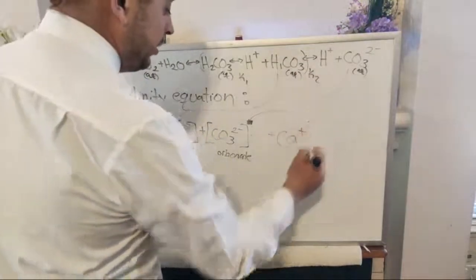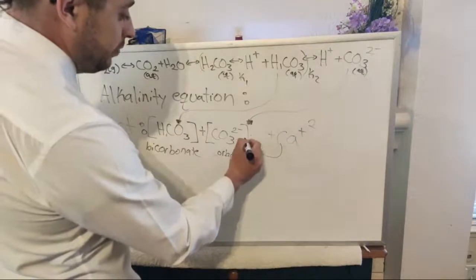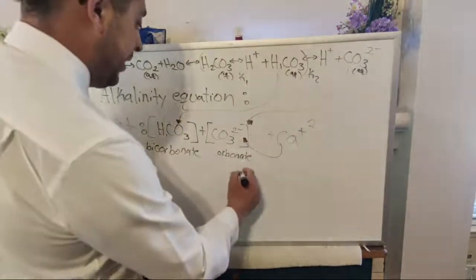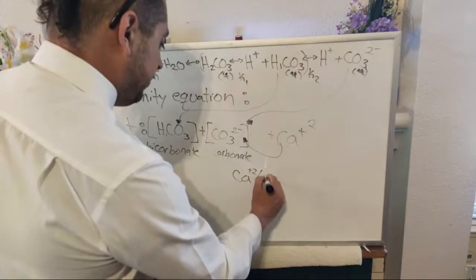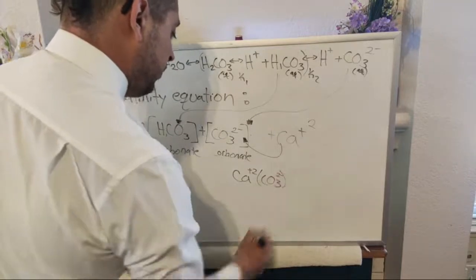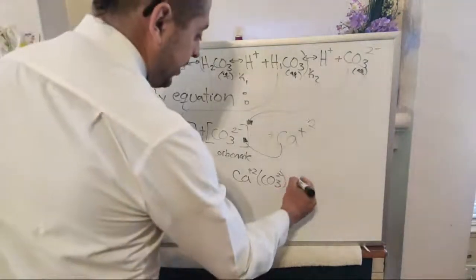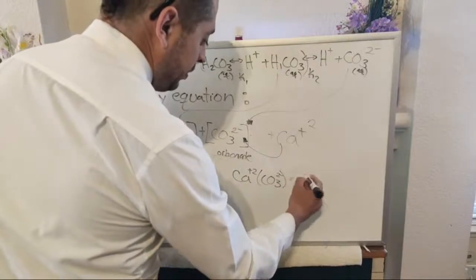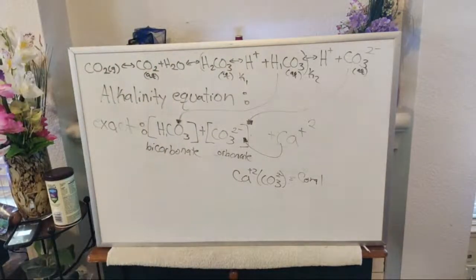So calcium's a +2. This is going to form a reaction, so your corals are going to form a reaction with that. You're going to get calcium and then carbonate. And that's the coral skeleton right here. I'm writing sideways, but that's the coral skeleton right there, alright?